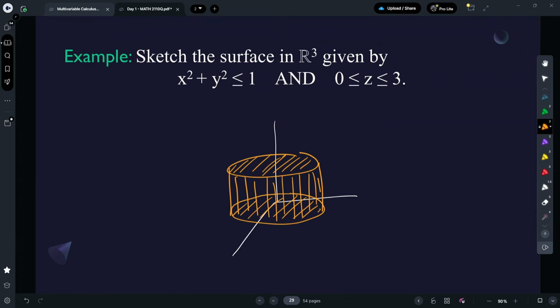So if you have inequalities, now with inequalities you can have solids. With equalities, it's usually just a surface of some sort. If I keep intersecting, I might end up going down to a point. But you can have anything from a solid, a surface, a line, a point, depending on how the intersections occur.